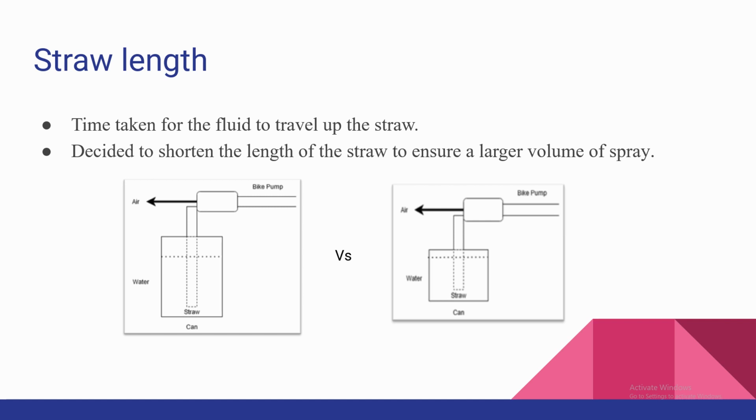It is the time taken for the fluid to travel up the straw. That means the longer the tube, the longer the time it will need to travel up the tube. So our group decided to shorten the length of the straw to ensure a larger volume of spray.